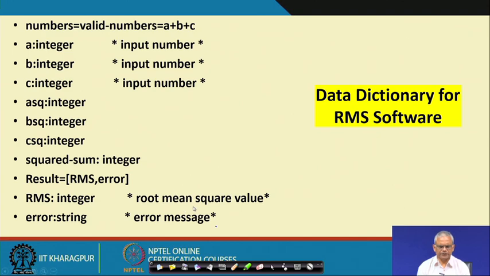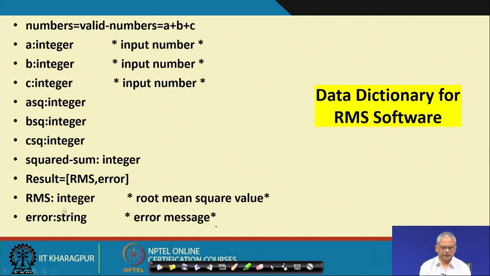This is just one example here. A is a primitive data and we have written A is an integer. Numbers is a composite data, which also has a synonym, valid numbers, and it consists of 3 components A, B, C. Result is a data which sometimes can be RMS and other times it can be error.